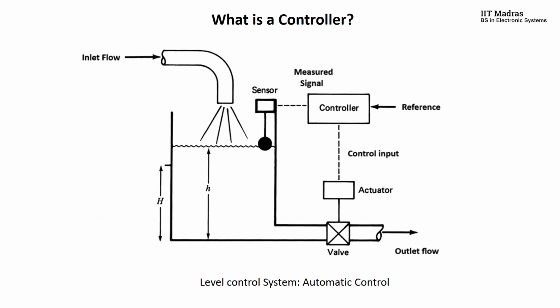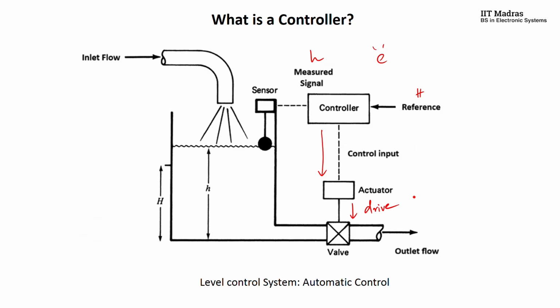The controller would see the reference, which is the capital H here, and the measured signal, which is small h, and it would calculate the difference between them, the error, and based on the error it would run a certain algorithm which would drive something called an actuator. This actuator would finally drive a control valve. So this is a control loop here.